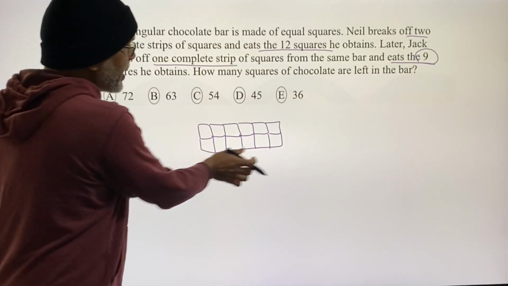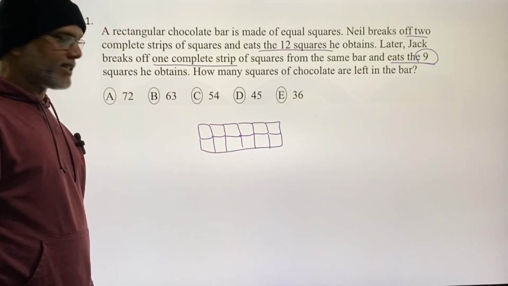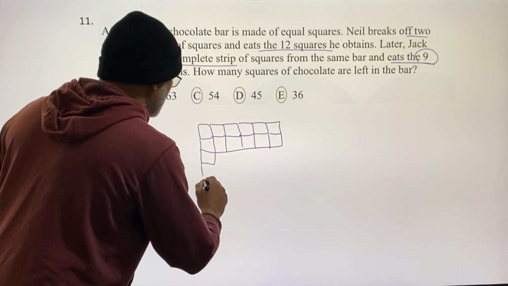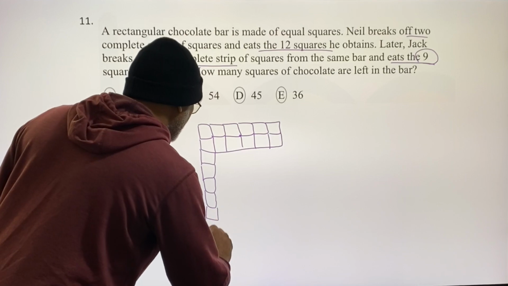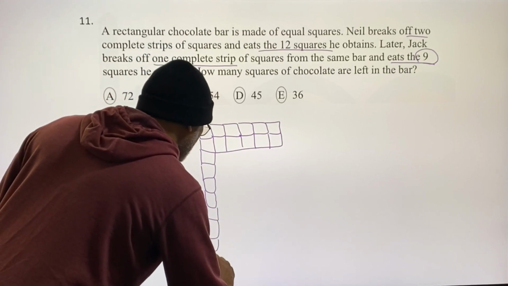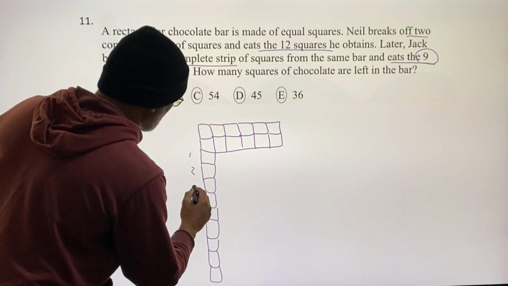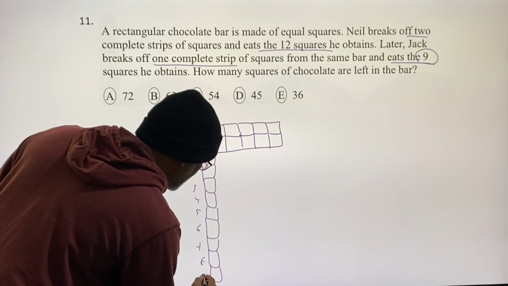So he cannot be breaking from a strip like this, right? Because this way it has only 6. So he must be breaking this way. So 1, 2, 3, 4, 5, 6, 7, 8. So these are the 9 squares, right? Let me number it. 1, 2, 3, 4, 5, 6, 7, 8, and 9.